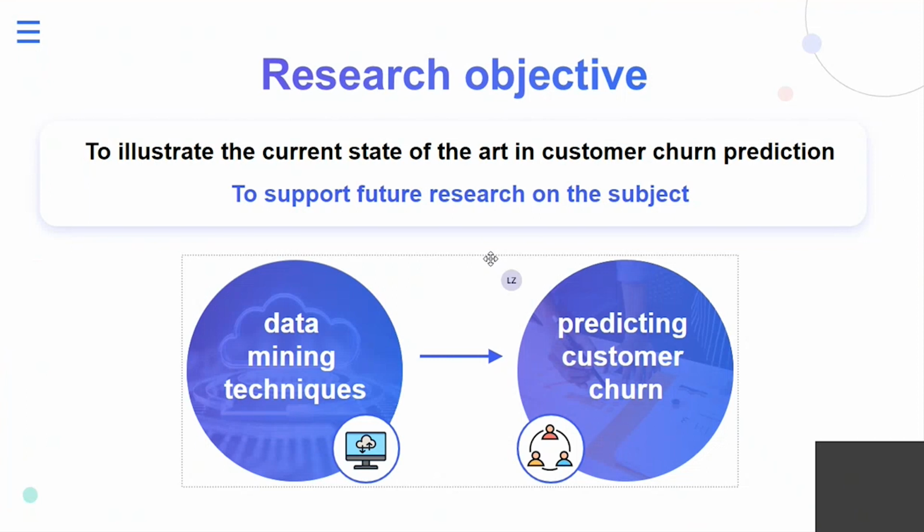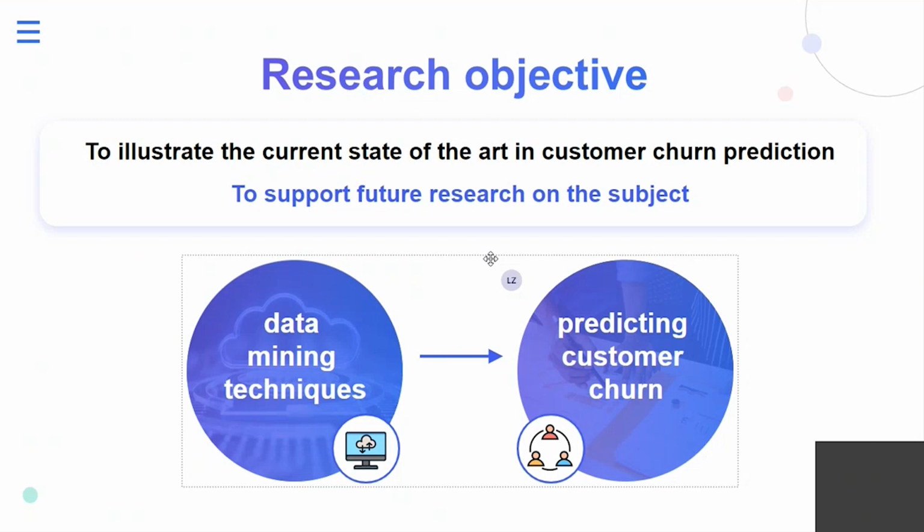Right now many data mining techniques are used by different companies to predict customer churn and can help these companies to extract hidden patterns of useful information and to avoid income losses.